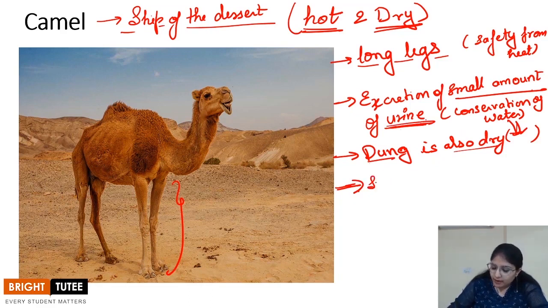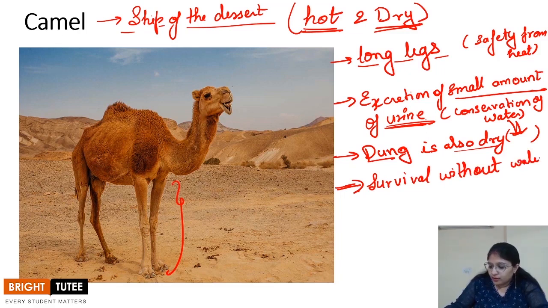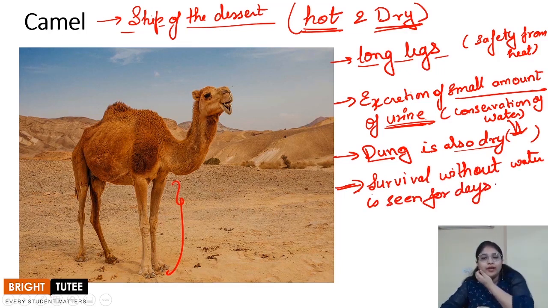That's why they can survive for a very long time. Survival without water is seen for days, right? So it can survive without water or with very little water for days.